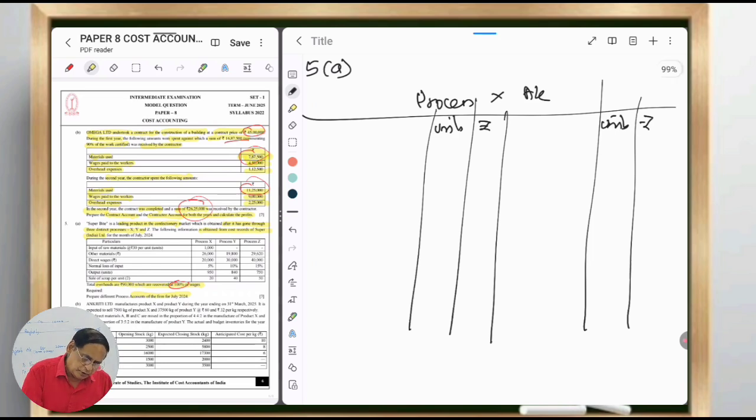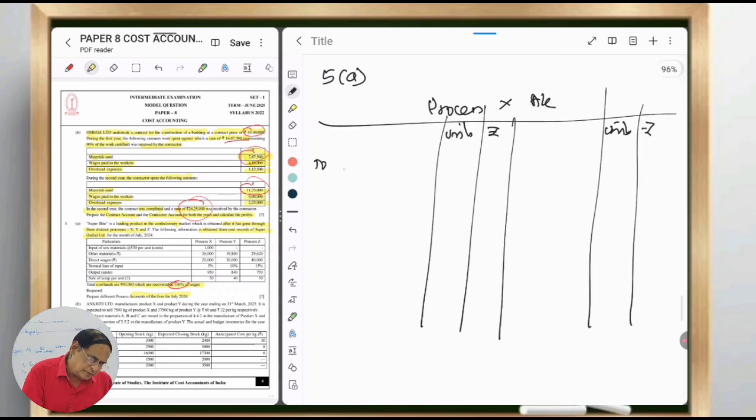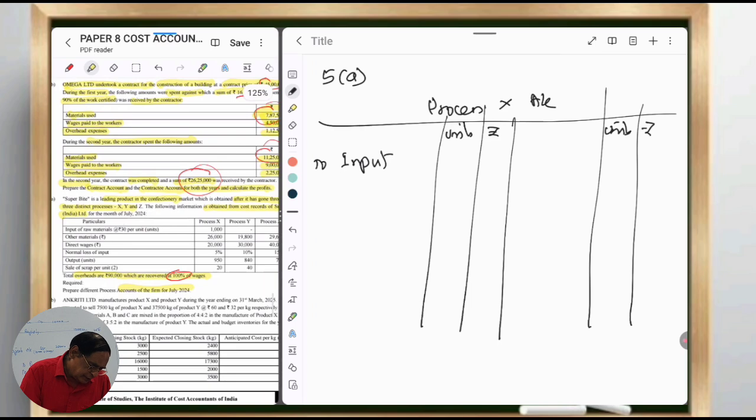So what is the input in process X? Input, you see 30 rupees per unit. Total units introduced in process X is 1000. So input is 1000 units into 30 rupees. So the cost of the raw materials for 1000 units is 30,000.